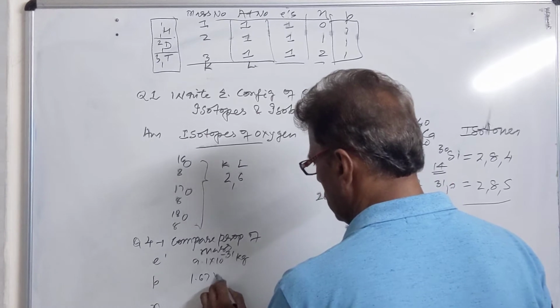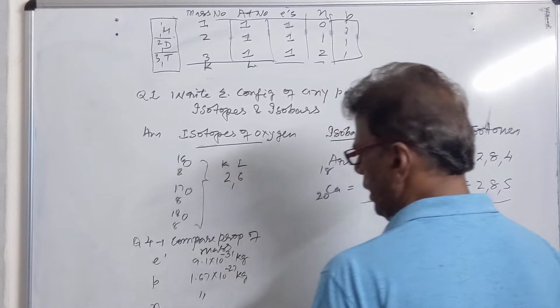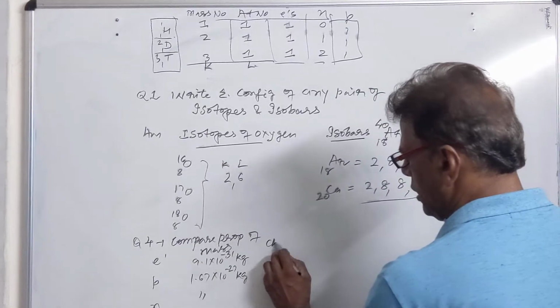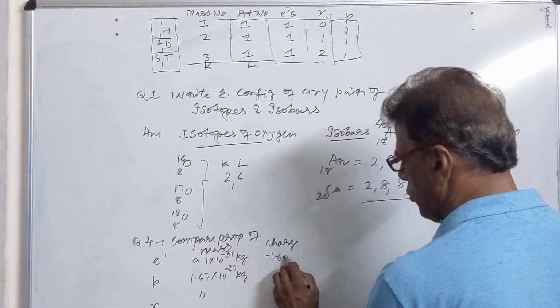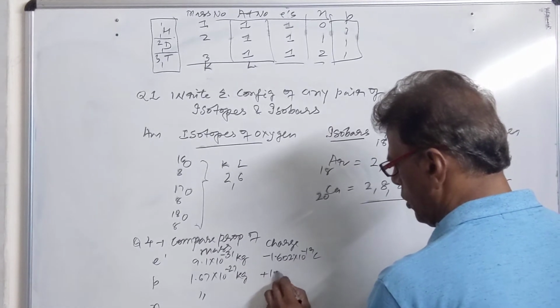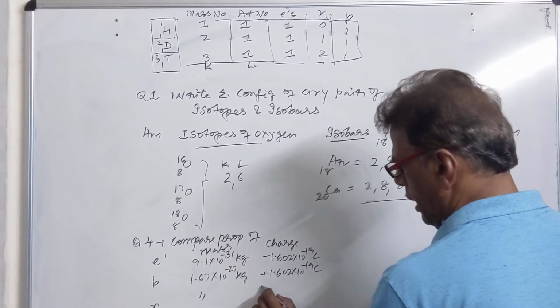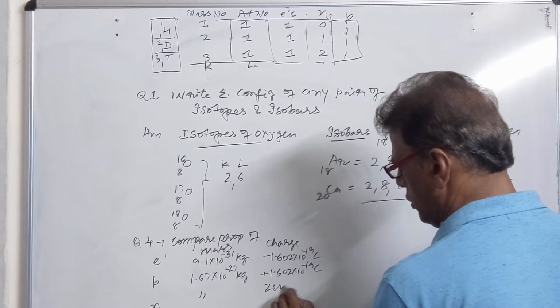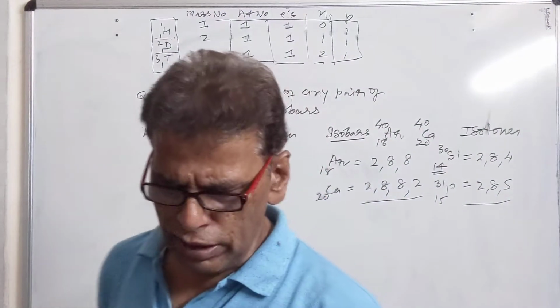Proton is 1.67 into 10 raised to power minus 27 kilogram. Neutron has the same mass. Then charge on the electron is minus 1.602 into 10 raised to power minus 19 coulomb. Proton is plus 1.602 into 10 raised to power minus 19 coulomb. Here it is no charge, zero charge is present in this case. So these are the three parameters.